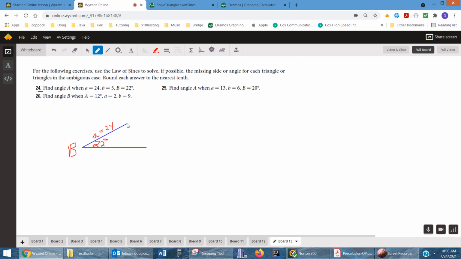The side opposite B is little b, which is 5. I don't know yet if it's going to hit the opposite side or not. I can see it's not greater than 24 though. So I'm going to drop a perpendicular and ask the question. I call this h.